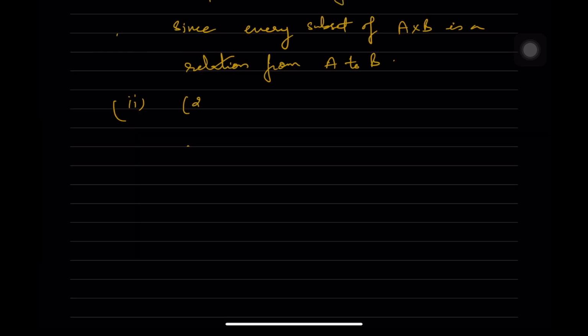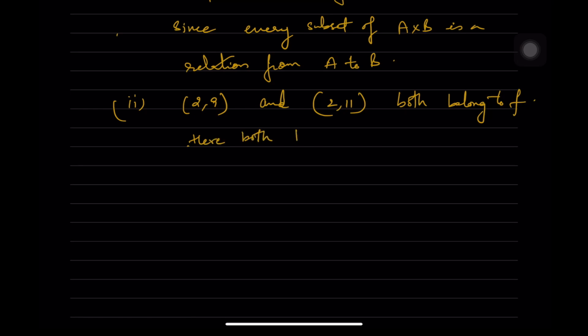So the domain is the same for two of the entries. So here (2, 9) and (2, 11) both belong to F, and both these points of F have the same first entry.